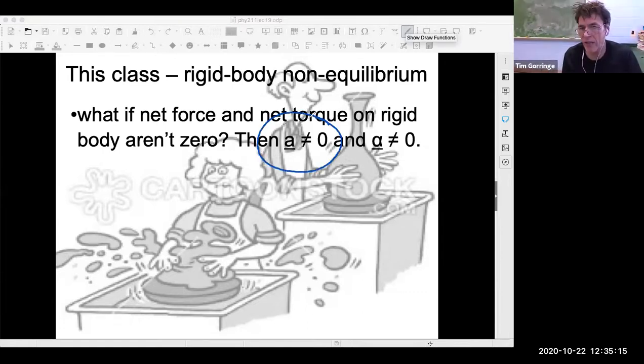And if you've got a non-zero net torque on an object, that rigid body is going to rotate faster, rotate slower, or change from clockwise to counterclockwise rotation or vice versa. And so that's the world that we're exploring. We're going to explore how torques and forces on a rigid body will create acceleration and angular acceleration, changes in motion of the rigid body.